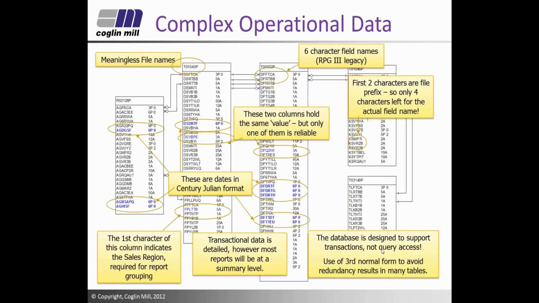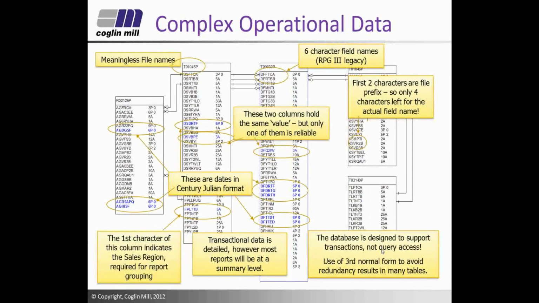So here's just an example, and this is only six tables in my schema here, just so that you can see it on the chart and read the column names. Typically you're going to have more tables than this in a typical transaction schema. Some of the examples I talked about before: six-character legacy field names because of RPG3 limitations.